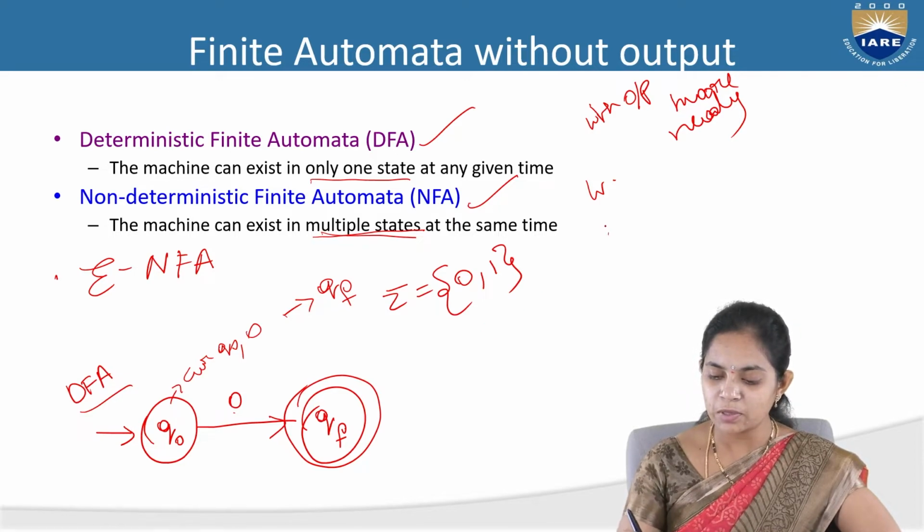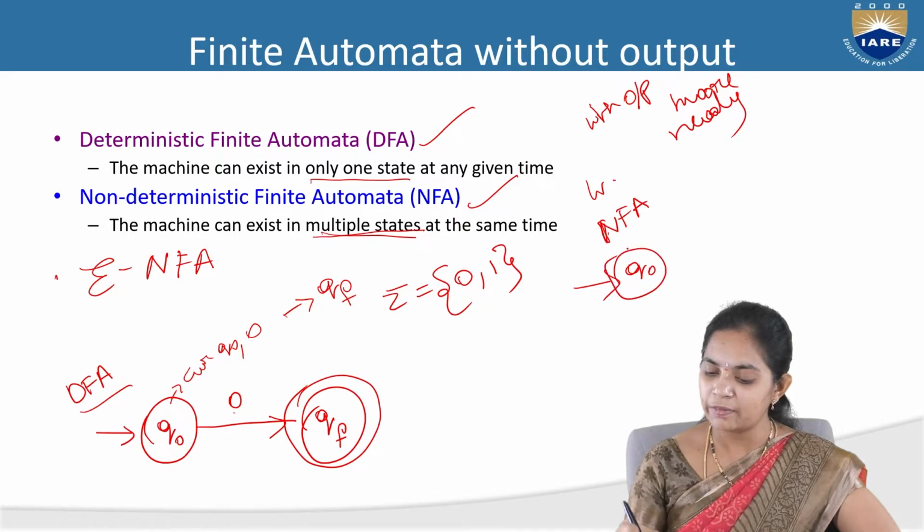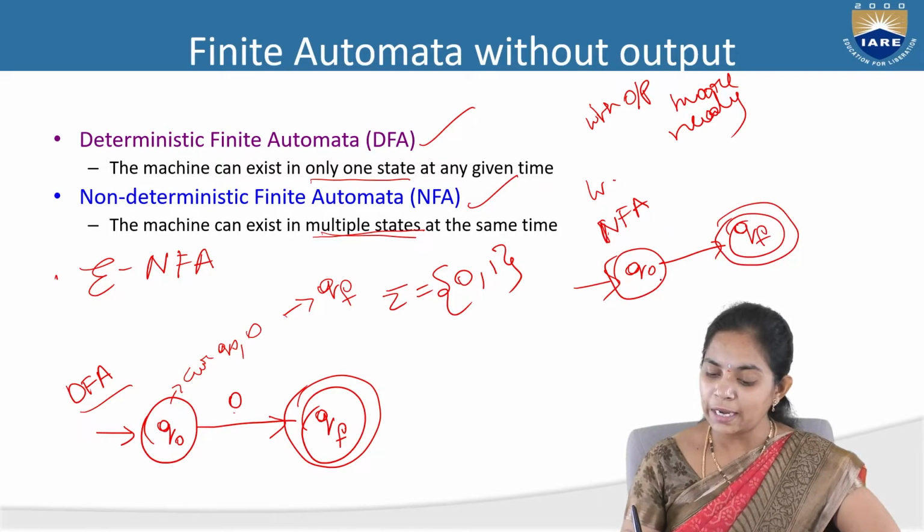And we also observe the NFA. Here, as usual, we are initiating the state with the arrow mark. After that we have the final state, and also we have one more state, an intermediate state we can say.